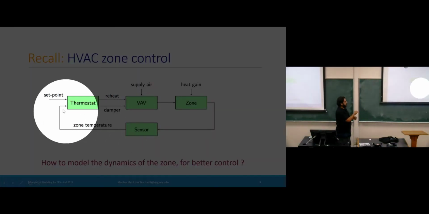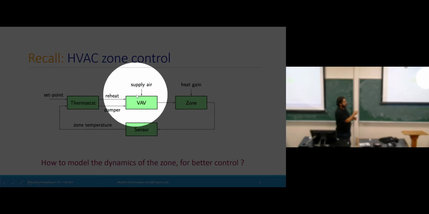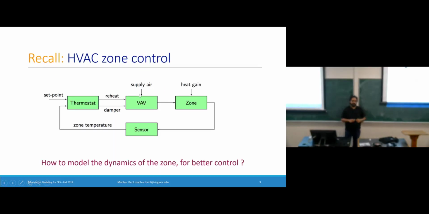And the PID loop is going to look at that error, the mismatch, and try to adjust the damper position or the reheat valve based on how to minimize that error. So this is HVAC.